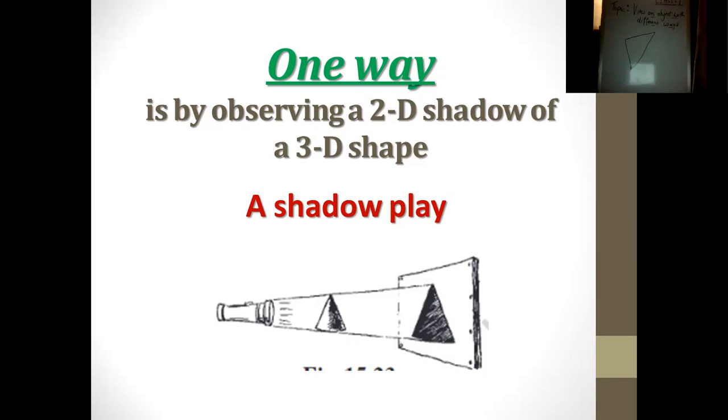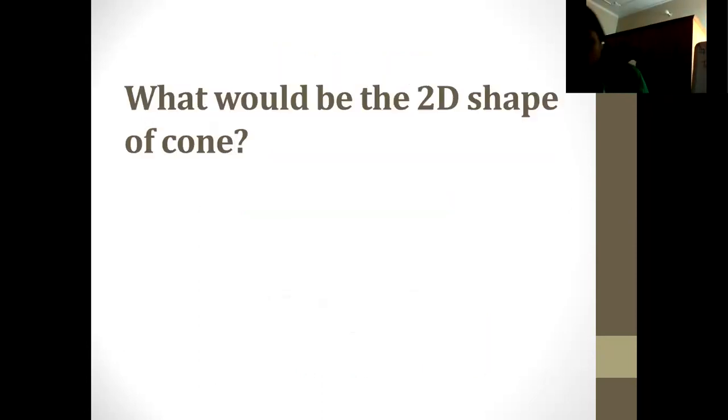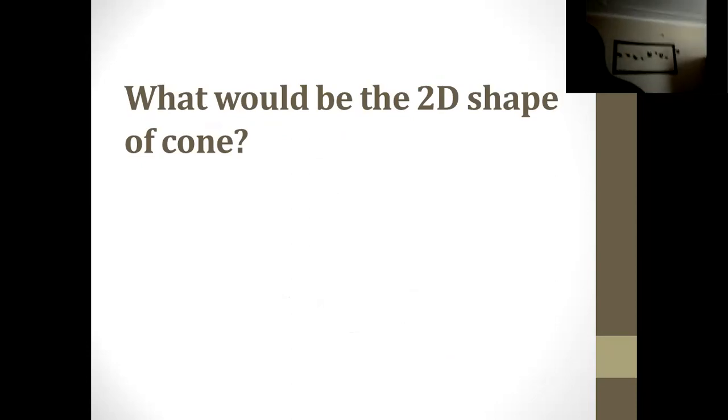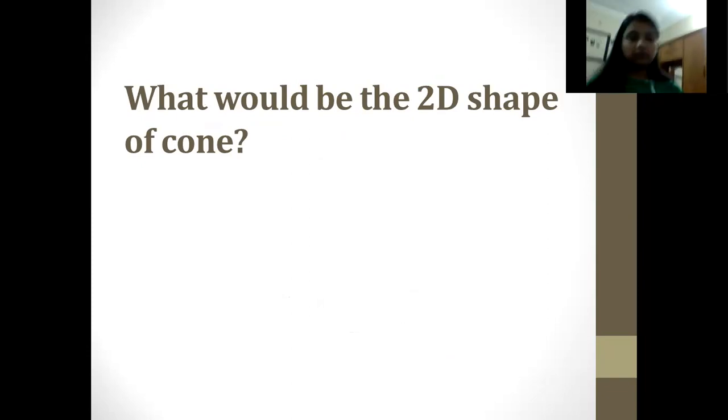Okay, students. So I hope now you have got an idea about the shadow plane. Now, what do you think will be the shape of the cone? What was the shape which we obtained by using this?